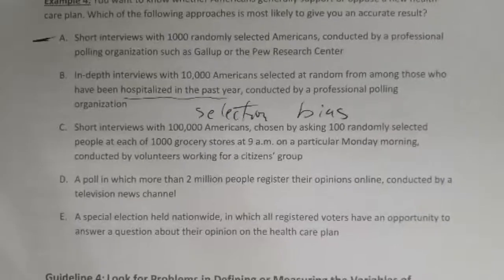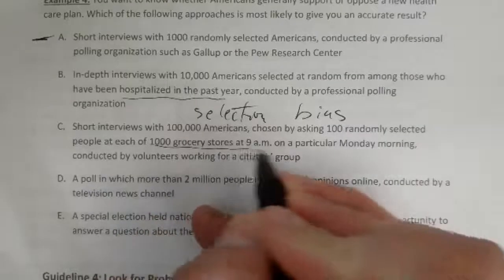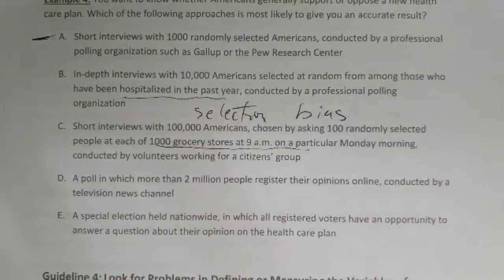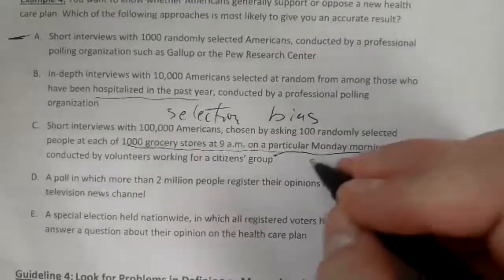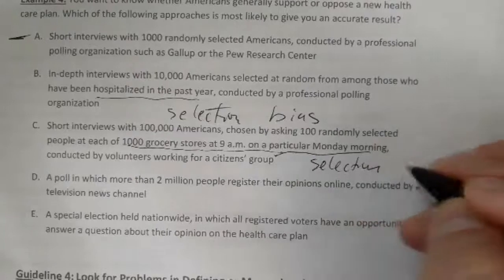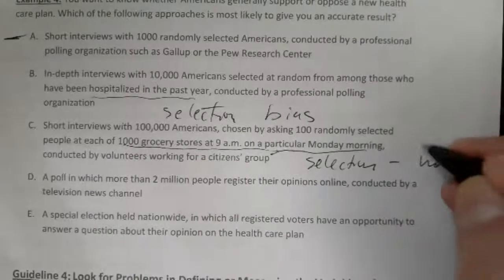So, short interviews with 100,000 Americans chosen by asking 100 randomly selected. So we're randomly selecting people, but the keyword here is you're getting people at a grocery store at 9 a.m. on a Monday. So there's a bit of a selection bias there because we're only selecting people that are probably not workers, right?